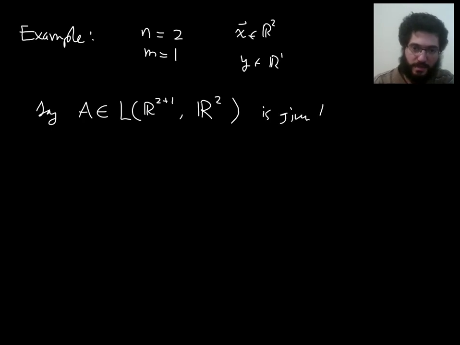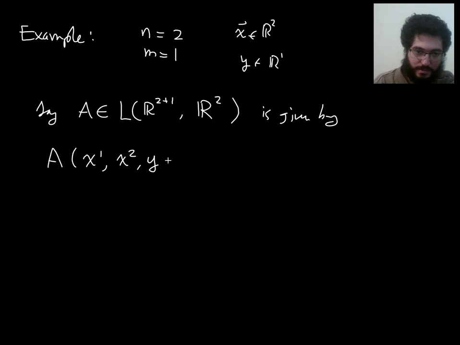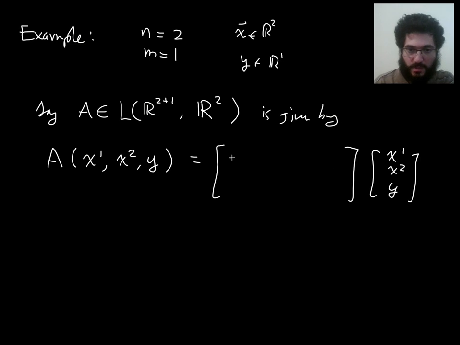And let's say it's given by, whenever you apply A to a 3-tuple consisting of, let's call them x1, x2, and y, then you get the following matrix applied to the column vector x1, x2, and y. So here's the matrix that I will choose. How about 1, 2, 2, 1, minus 3, 4.